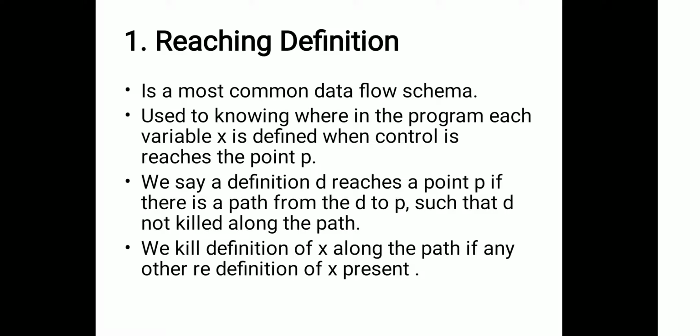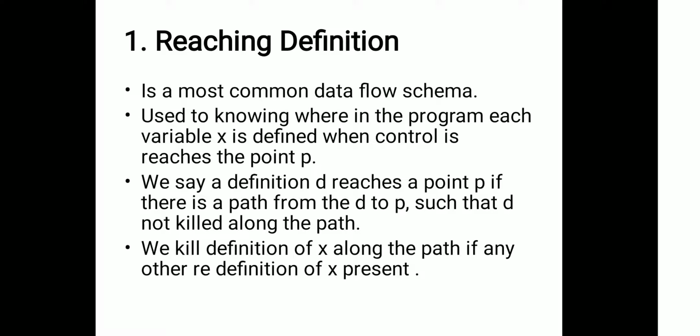Reaching definition is used to know where in the program each variable x is defined when the control reaches the point P. Up to that point P, where the variable x is defined is what we need to identify with the help of reaching definition.